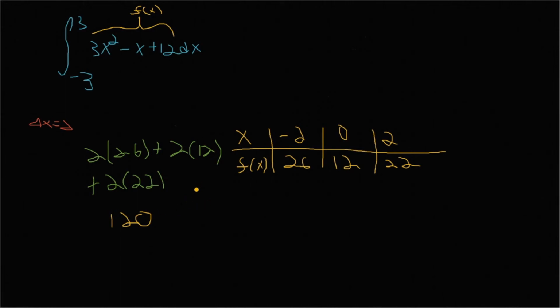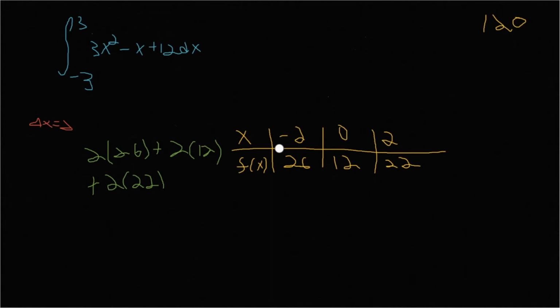So this is what we get by doing a midpoint Riemann sum. So let's just save that in the corner. And we're going to do more definite integrals at the end of the video.